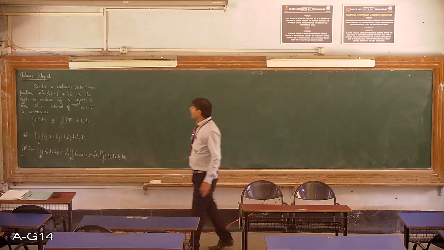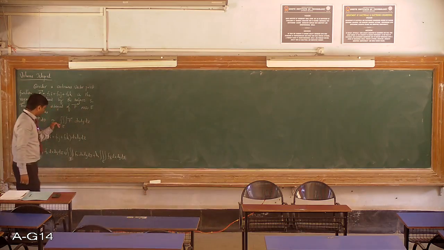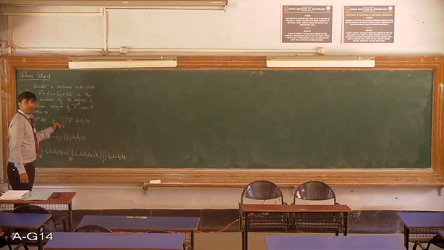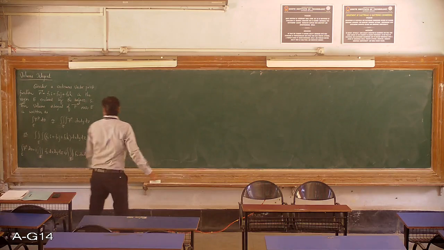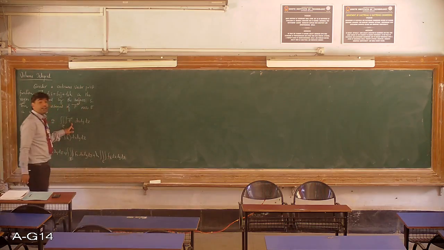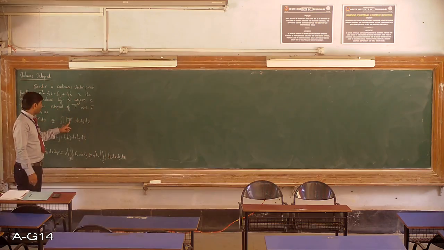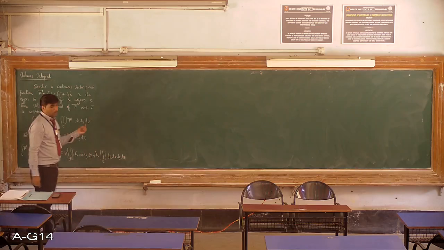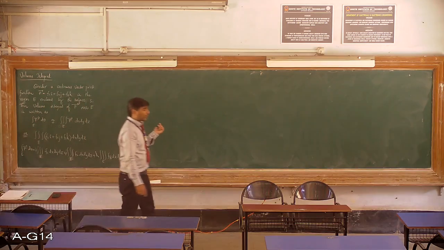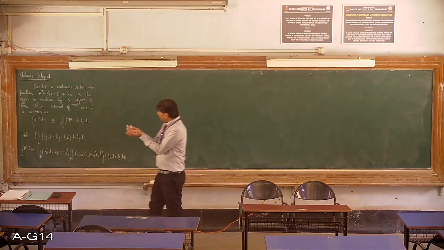If you allot the limits for x from some value to some value, y from some value to some value and z from some value to some value, then that will be the volume. But if you put F, then that is a volume integral, but that is not a volume. Here F is a vector field or a vector point function which is defined in the closed surface.